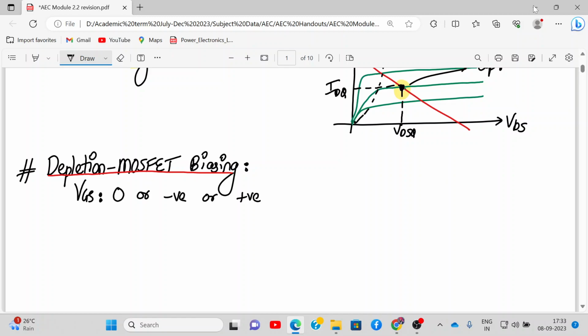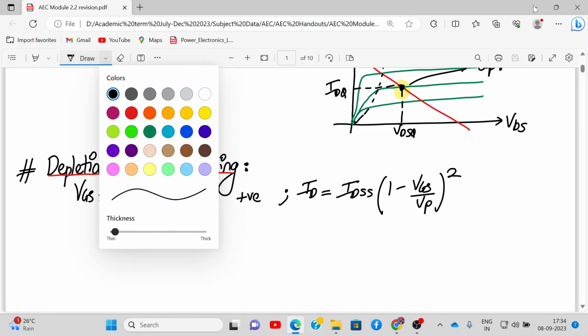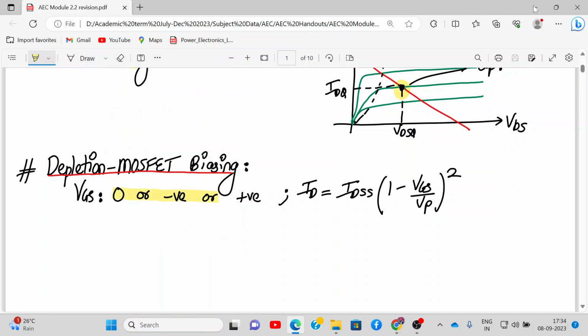You have drawn the characteristics. The equation for the current is ID equal to IDSS times (1 minus VGS upon VP) the whole square. These things you should remember: VGS can take values of 0, negative and positive, and this is the important formula.